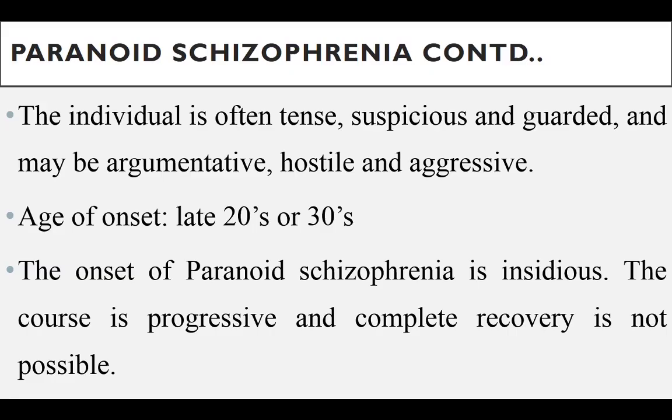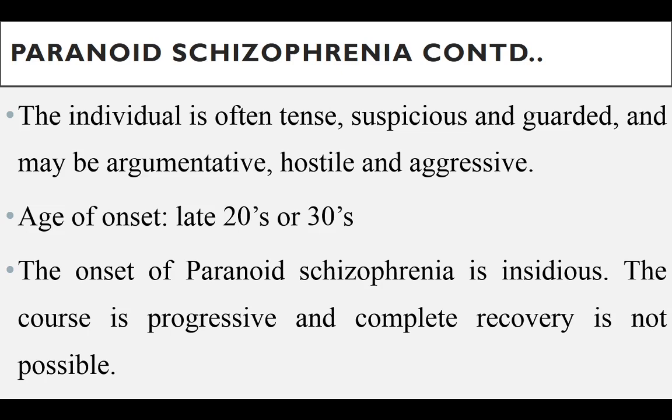Among all those signs of schizophrenia, the one you will classify as paranoid is when they have suspiciousness and persecutory feelings, and they are guarded, argumentative, hostile, aggressive. That means the onset is insidious, not abrupt, the course is progressive, and complete recovery is not possible.